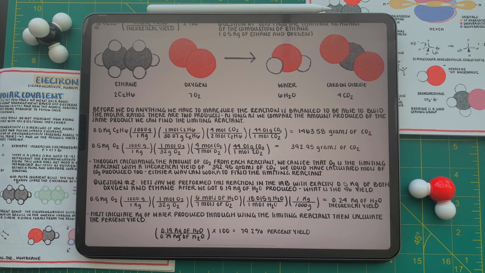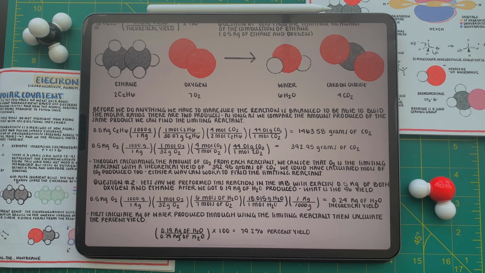So let's set up the relationships and conversions we need to find the limiting reactant. And since we should refer to the same product, so we can actually compare them to find the limiting reactant, for this problem, let's compare the amount of carbon dioxide produced.